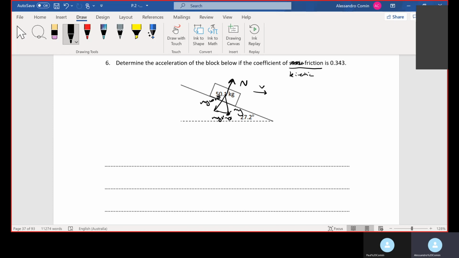So v is down the slope, and we have F up the slope. So remember, once again, we're going to have sigma F perpendicular. And I think we can all see by now that this is going to be N minus mg cos theta, which is equal to 0. So we can just clearly say that N is equal to mg cos theta. I hope we can all see that now.